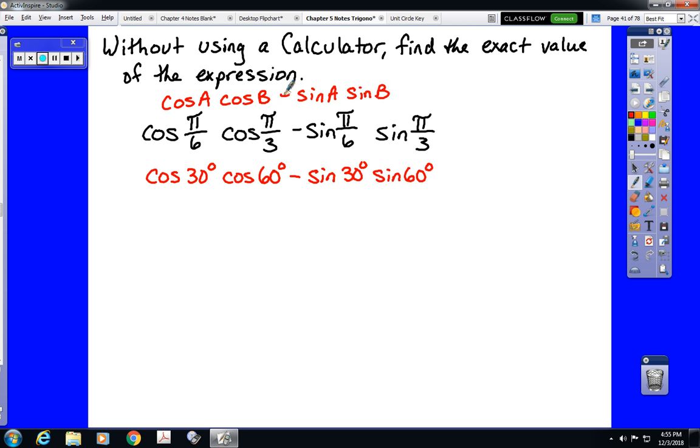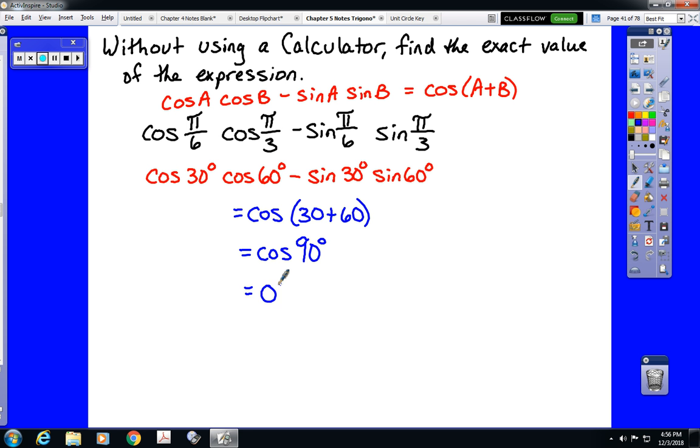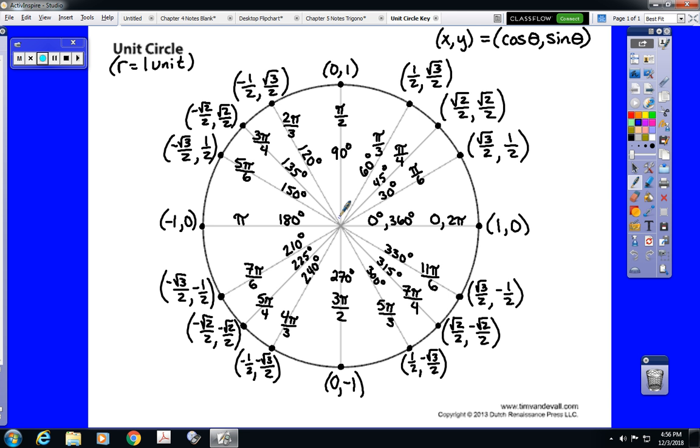If this sign is a minus, then that is equal to the cosine of A plus B. So we would rewrite this as the cosine of 30 plus 60, which would be the cosine of 90 degrees, which is on our unit circle. The cosine of 90 degrees is 0. Sine is 1, cosine 0.